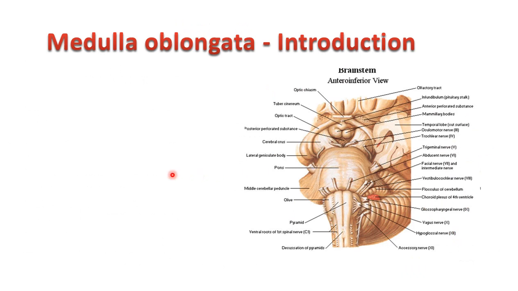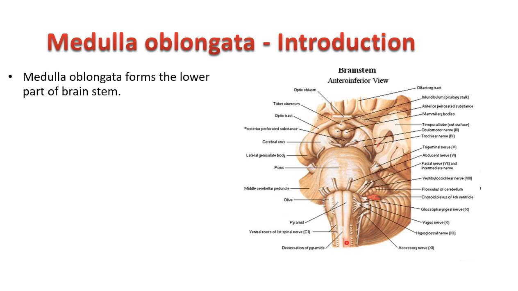Now, coming to the medulla oblongata, which you are able to see here. It is 3 centimeters in length, okay, and at the upper part it is 2 centimeters wide. Upper part is wide and the lower part is somewhat narrow, and it is also called the bulb because it is somewhat bulb shaped.